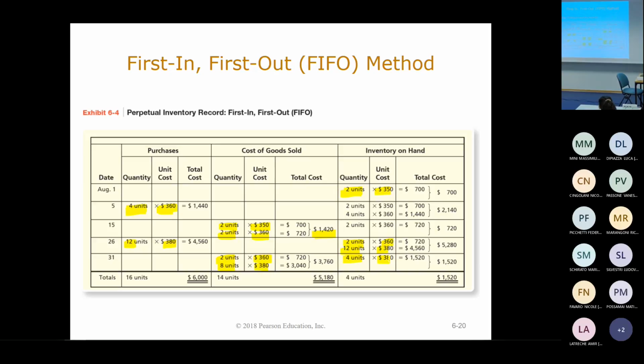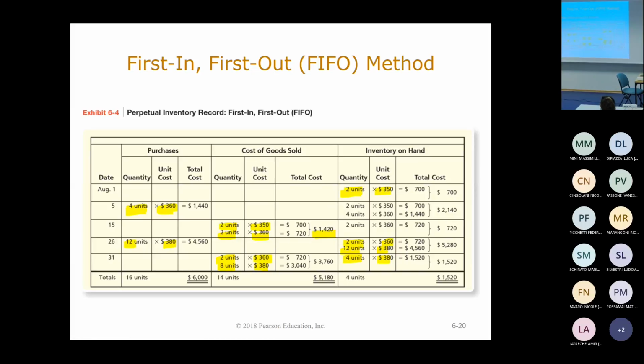This is why we say that the FIFO method will generate an ending inventory which is close to current prices, because it's based on the most recent purchases. On the other hand, the cost of goods sold will be based on the oldest purchases.